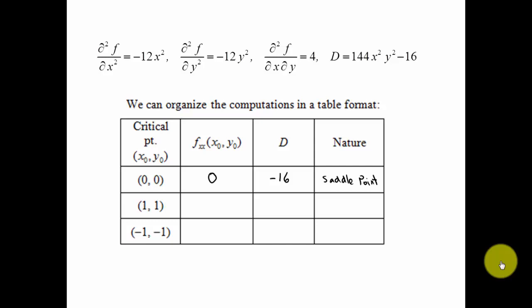Next, we are going to classify the nature of the critical point at 1, 1. Using the formula for the second order partial derivative of f with respect to x, this is equal to minus 12 times 1 squared, which is equal to negative 12.